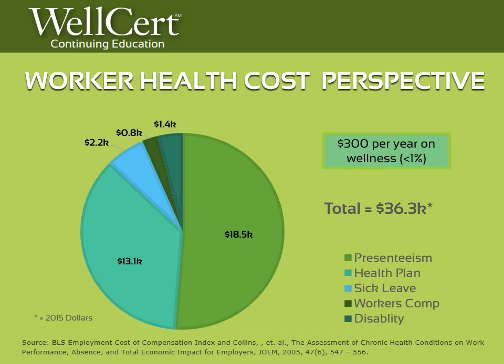So we're spending 1% to try and affect the trend lines and the future costs that are in this pie chart. So this is what we call the worker health cost perspective. And it's basically helping us see the national pattern and then encourage organizations to look at their own numbers and assess their own level of spending on health-related issues, which wellness programs are really intended to focus on and to reduce.